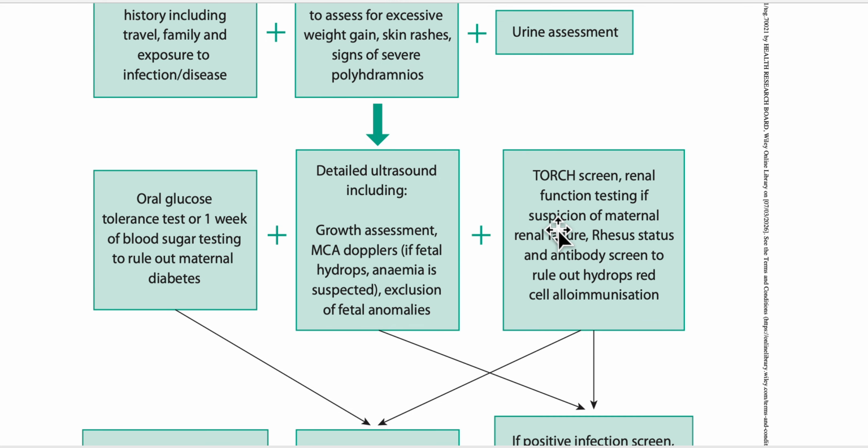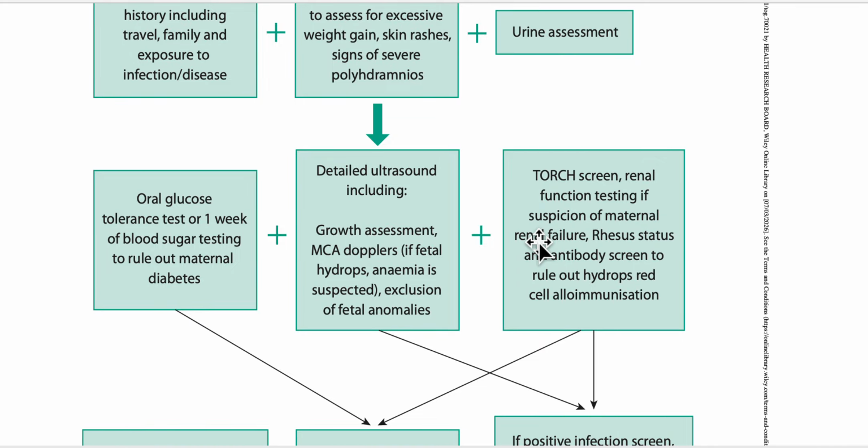One important thing here: we have to understand that TORCH screening and renal function tests we don't do routinely. We will do them only if we suspect that she has renal failure or a renal problem, and she is Rh negative, so we have to know that status, and then we will understand maybe she is having alloimmunization.